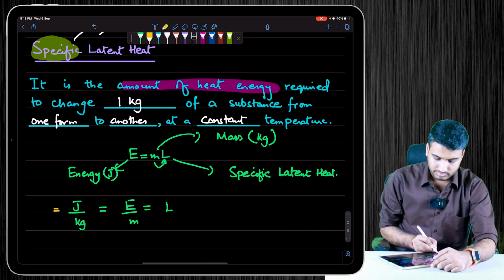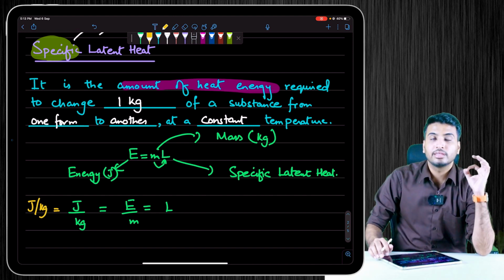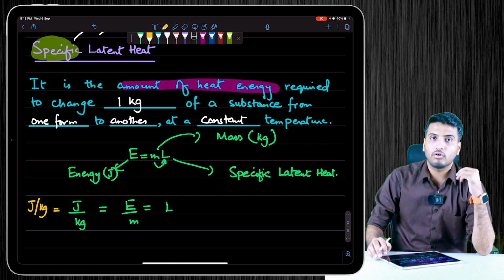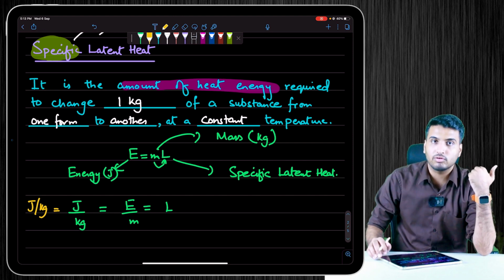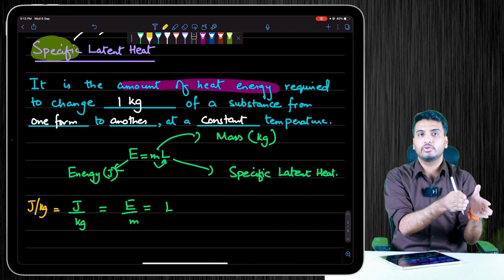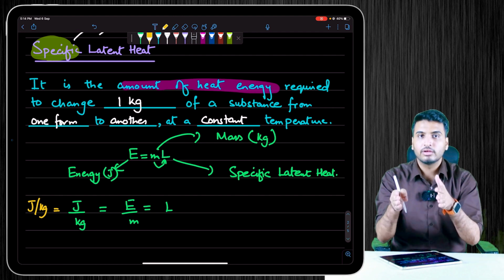This is the SI unit for specific latent heat of fusion or vaporization, and this formula is valid for calculating specific latent heat of fusion or specific latent heat of vaporization.